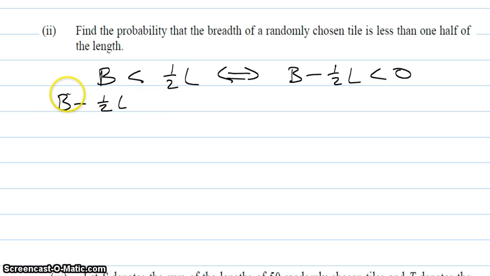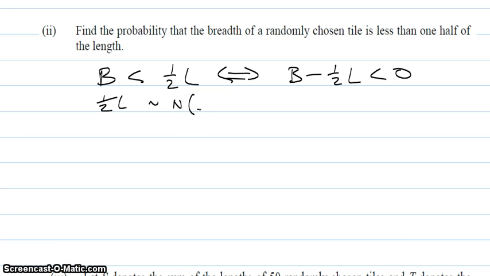Well, let's start with the simpler question first. What's the distribution of 1/2 L? So let me get rid of all that. Got rid of a bit too much there. What's the distribution of a half L? That's going to be normally distributed, and again we multiply the mean by a half.